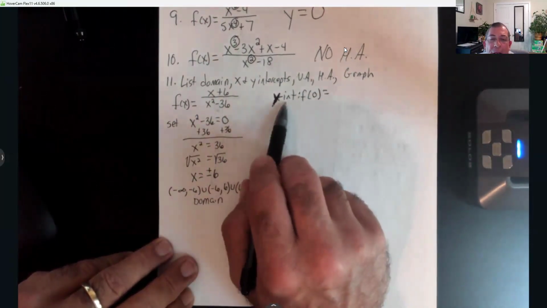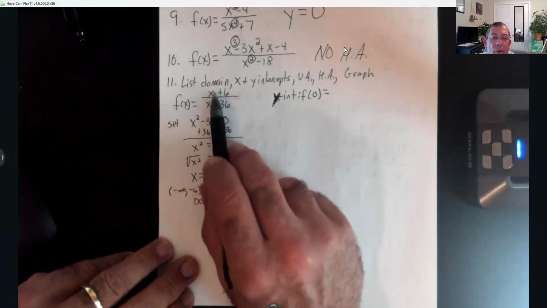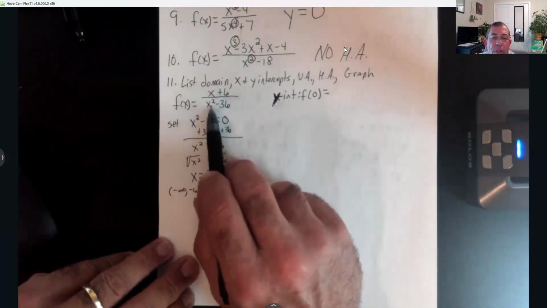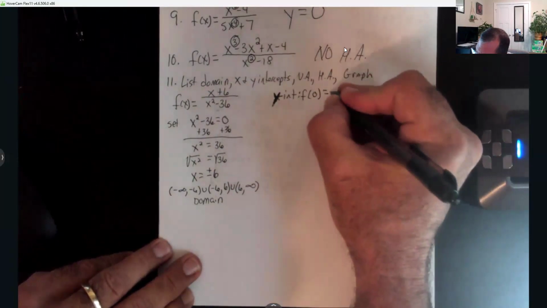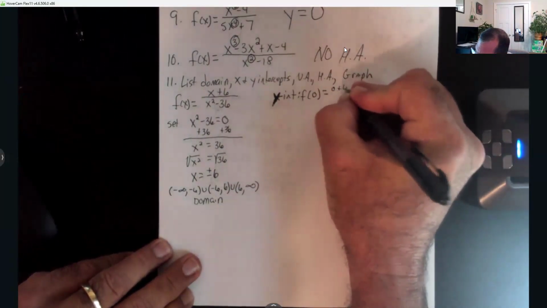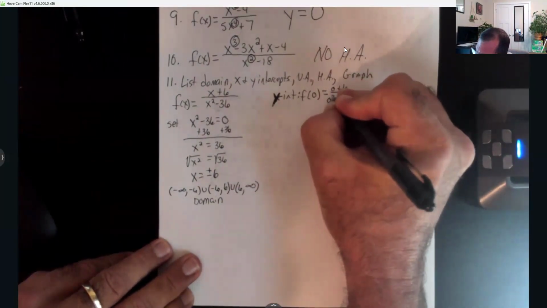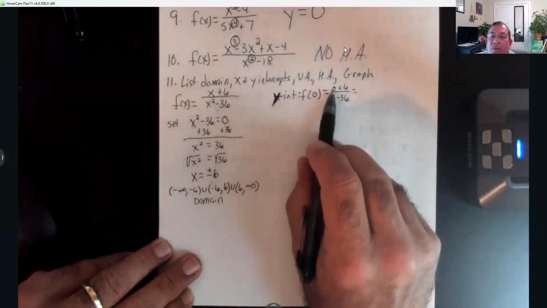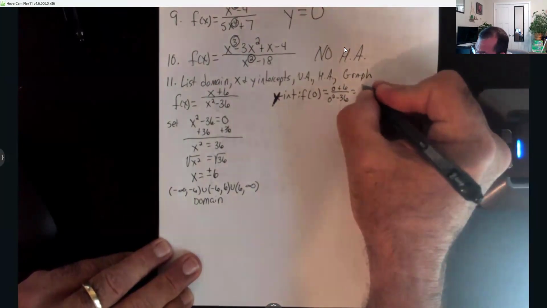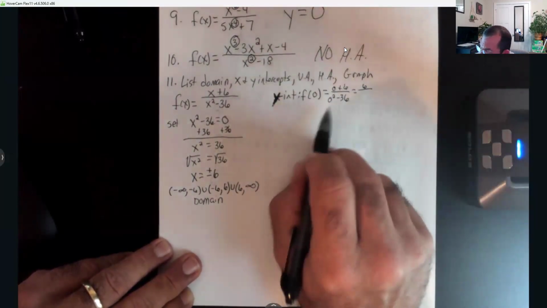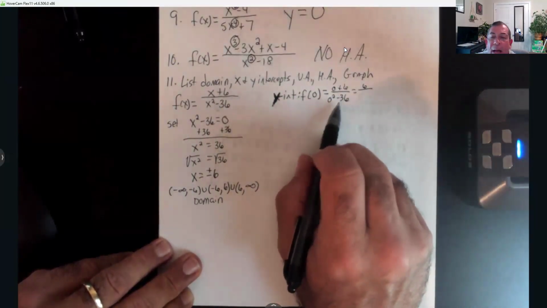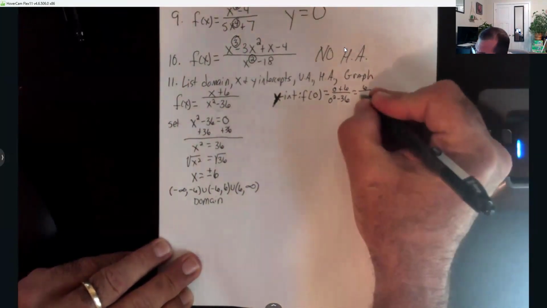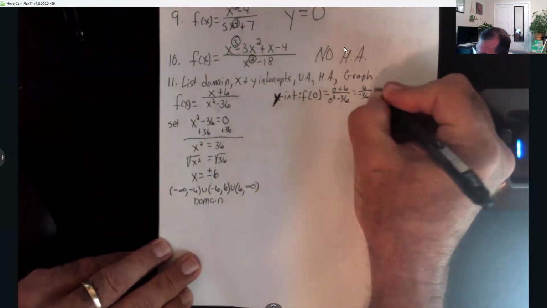So to find the y-intercept, you're finding f of 0, which means you're putting zeros in for the x's. So you got 0 plus 6 over 0 squared minus 36. All right, so 0 plus 6 gives me a 6 on top. 0 squared is 0 minus 36, gives me a -36 on bottom.